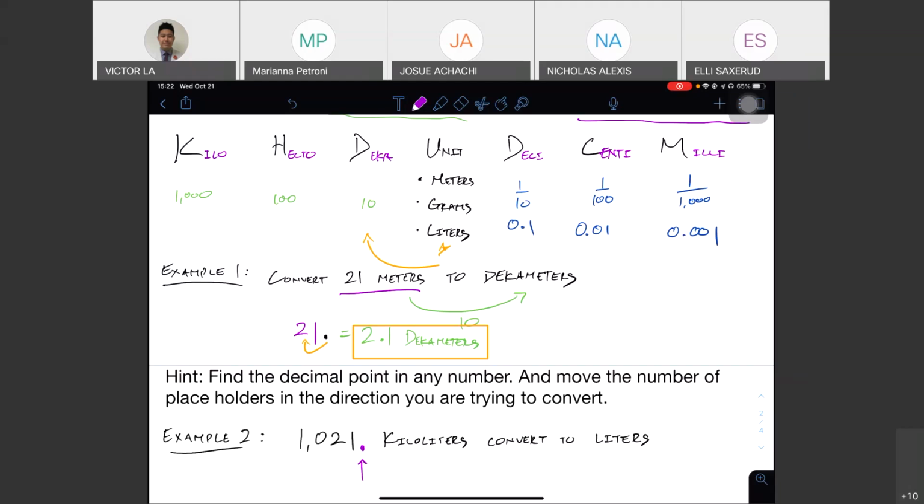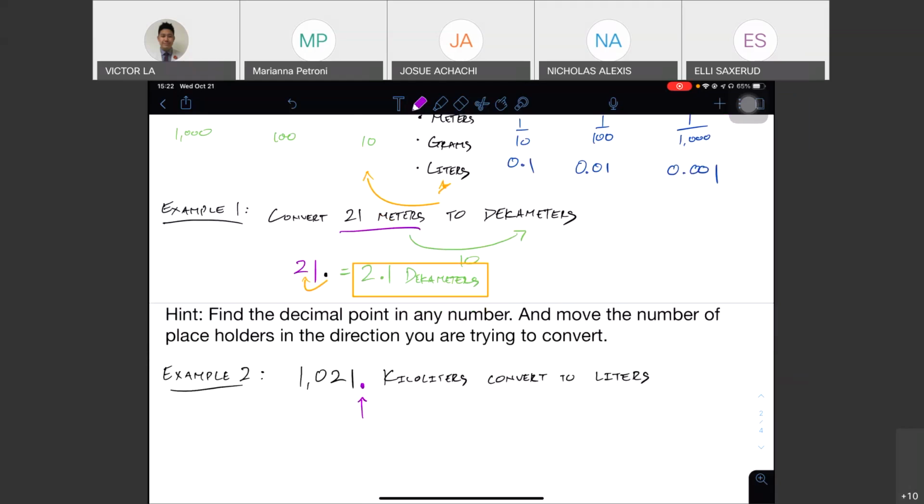So start on the far left. How many spaces do you have to hop, or placeholders do you have to jump to get to the unit in the middle? 3. It's 3, right? So then that means you just move the decimal point 3 in the same direction you're trying to achieve, which in this case is to the right.